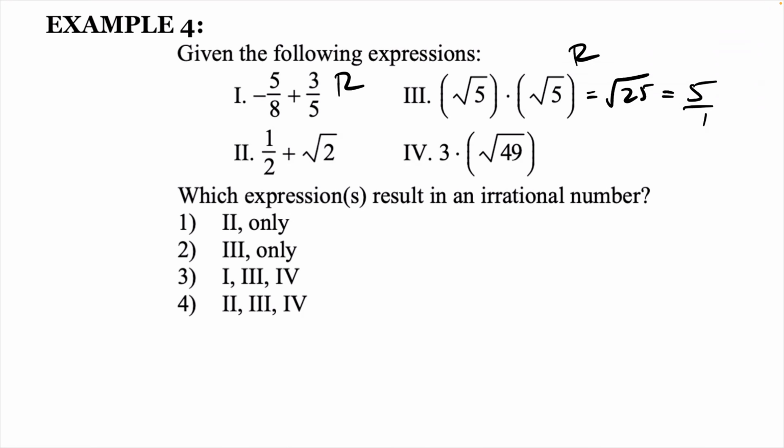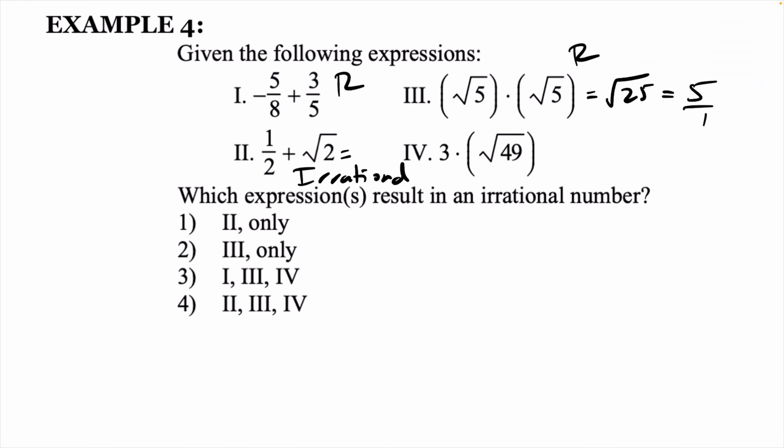Roman numeral number 2, 1/2 plus the square root of 2. We have a fraction. Is the square root of 2 a rational number? No, it's not on my list. That's irrational. So that one's going to give you an irrational number. If you don't believe me, ask your calculator. It'll give you irrational.